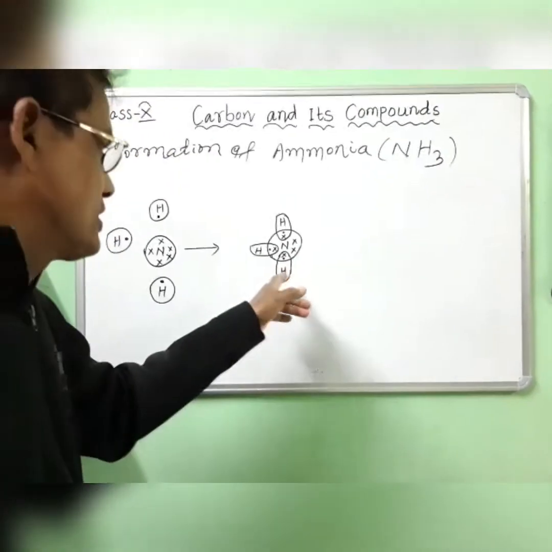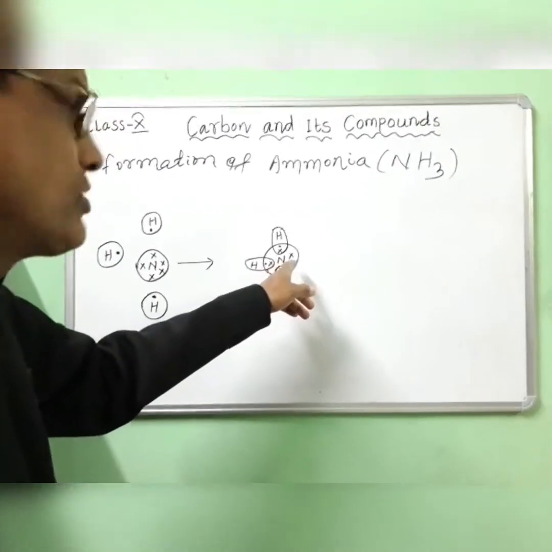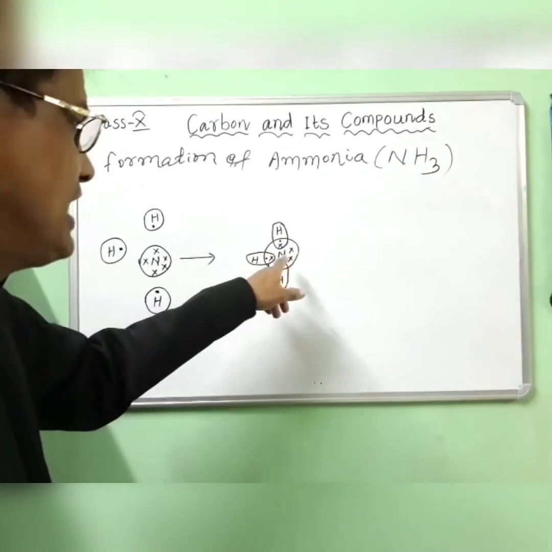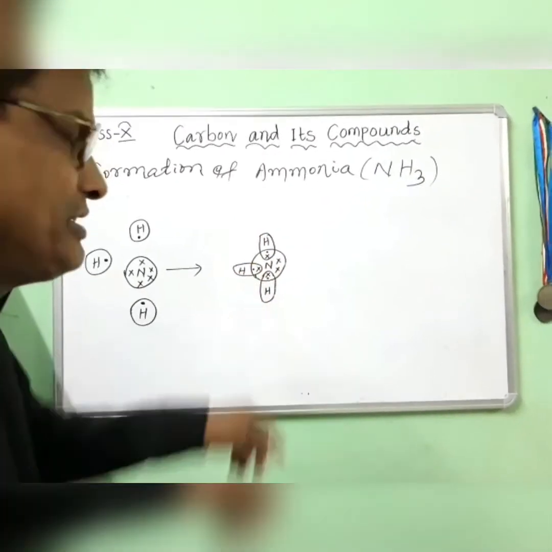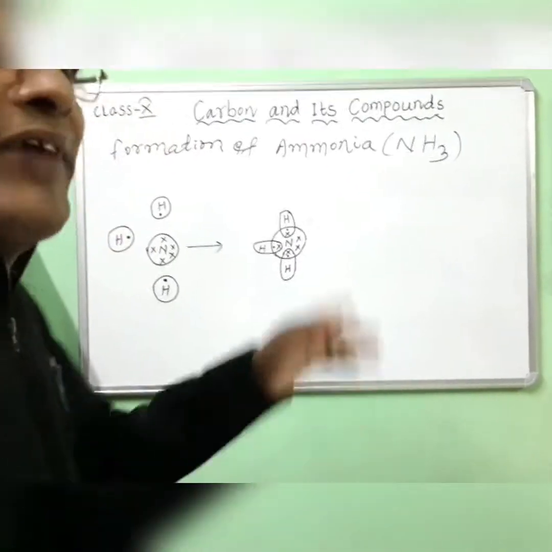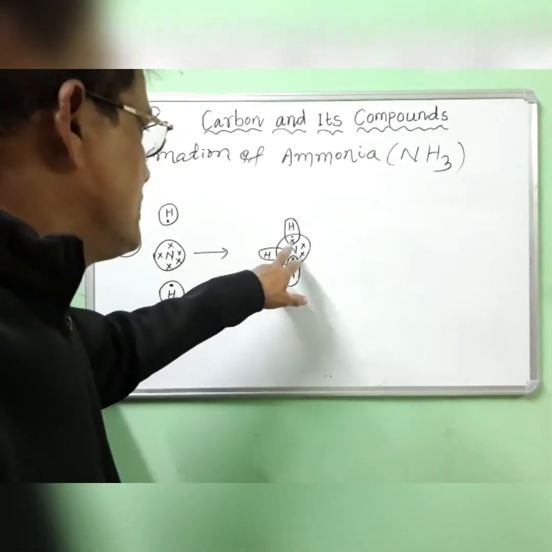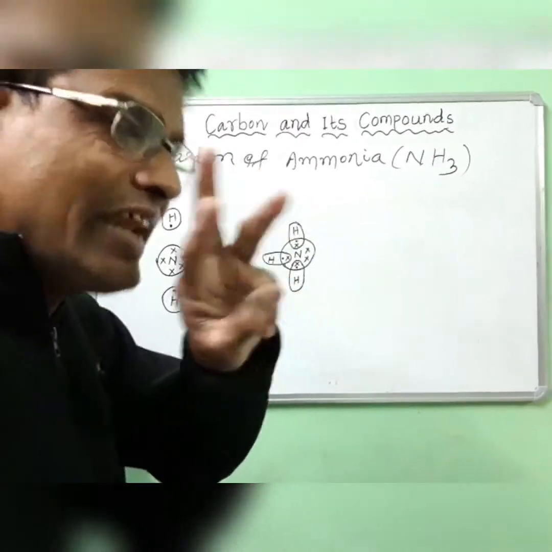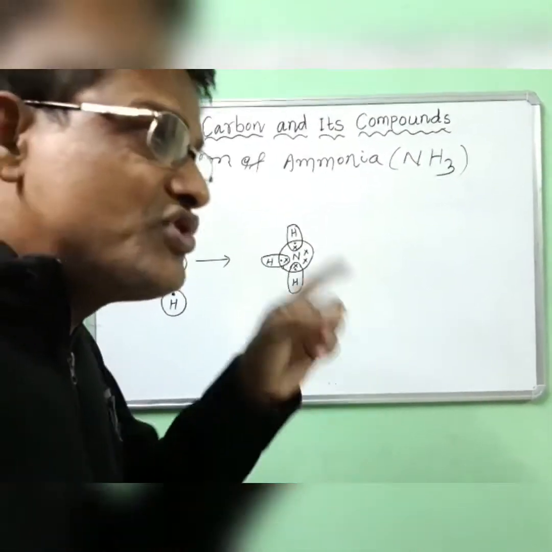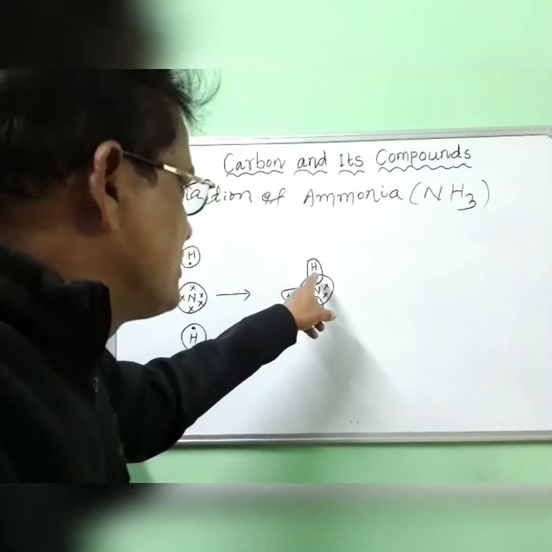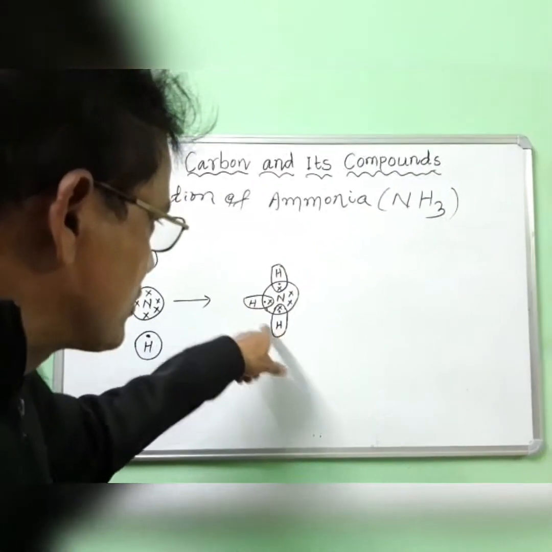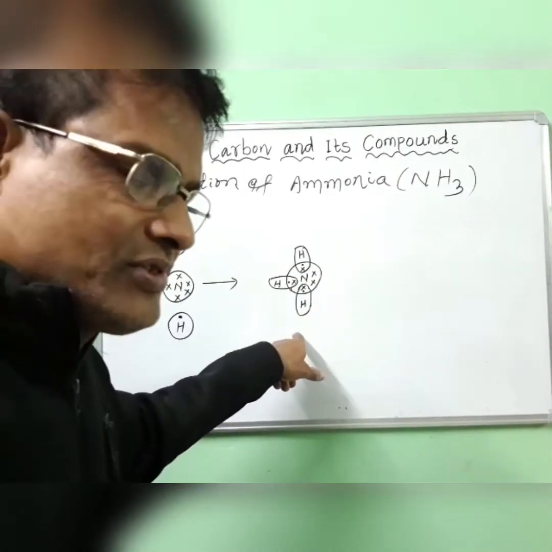You just see here. Okay. So here the nitrogen atom has 5 valence electrons. Out of 5 valence electrons, the nitrogen atom shares only 3 electrons, individually one with 3 different hydrogen atoms.